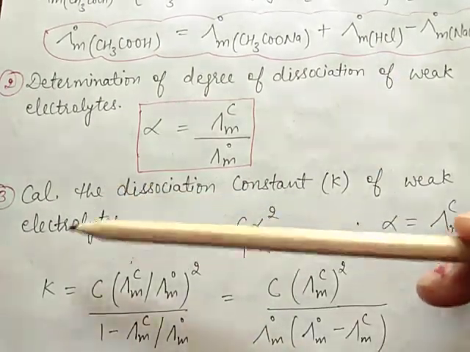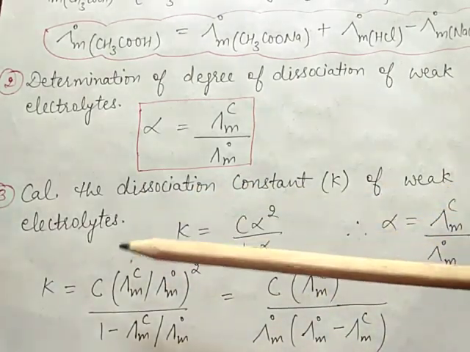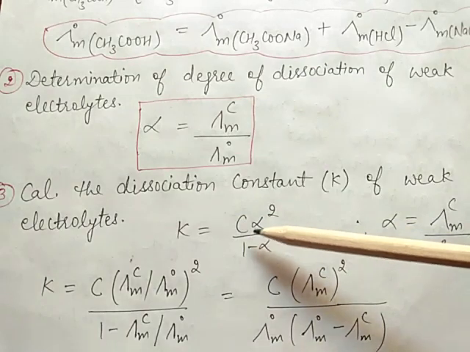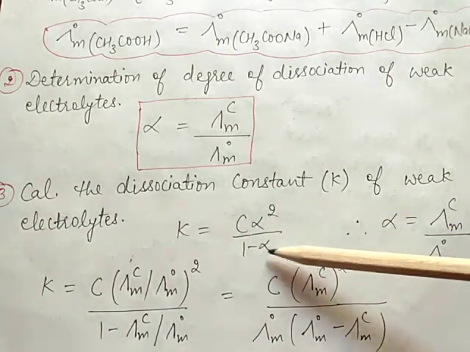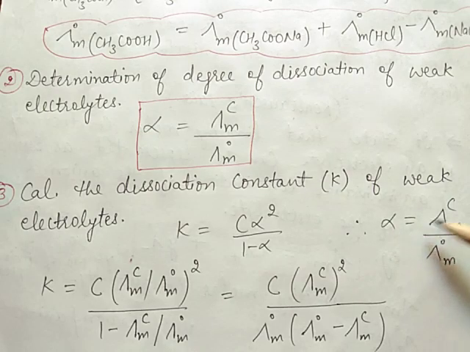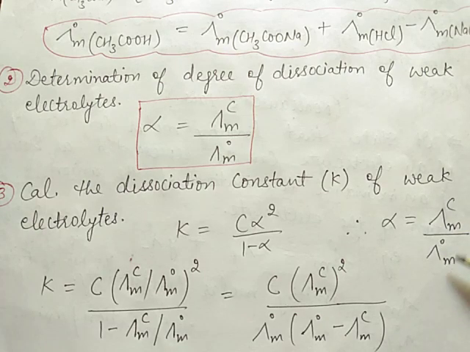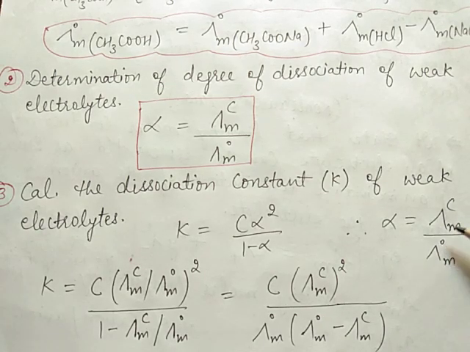Now the third application is to calculate the dissociation constant K of a weak electrolyte. K is equal to C alpha square divided by 1 minus alpha, where alpha is the degree of dissociation, which is equal to the molar conductivity at concentration C divided by the limiting molar conductivity at infinite dilution.